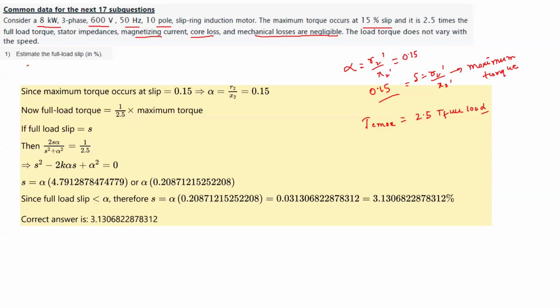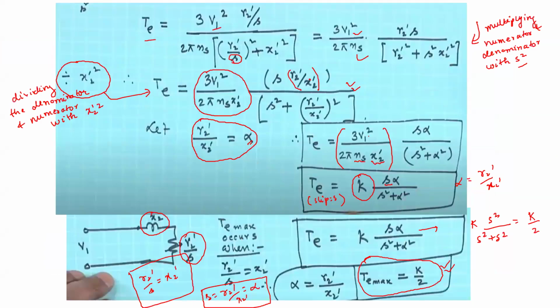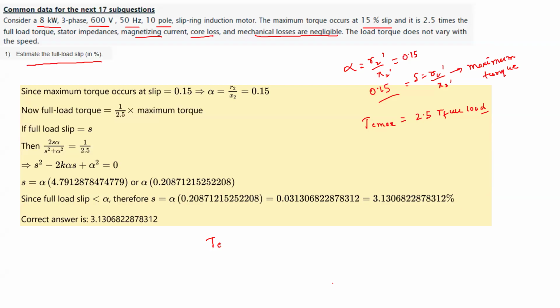Now they're asking you to find the full load slip. First of all, we know the slip at maximum torque. We also know the maximum torque expression in terms of this constant: T max is k by 2.